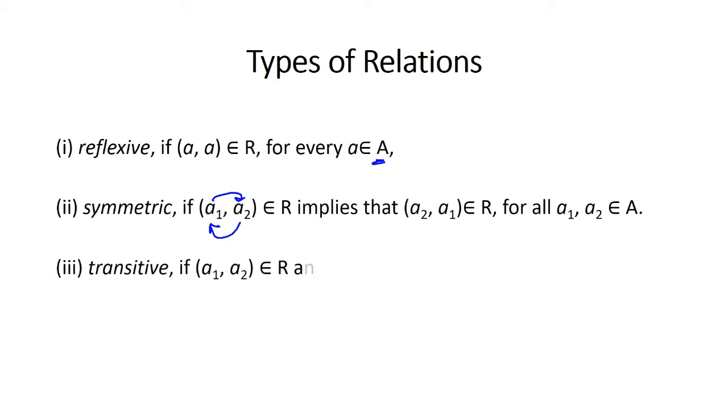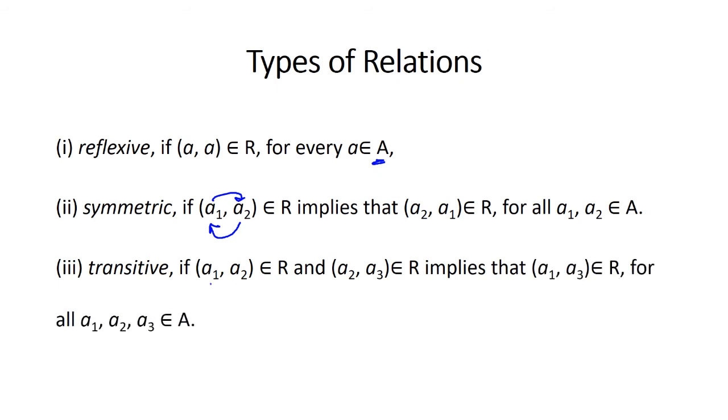If (a1, a2) belongs to R and (a2, a3) belongs to R, it implies that (a1, a3) has to belong to R, means if first is related to second and second is related to third, then first element has to be related to third, and it has to be for all the elements a1, a2, a3 which belong to the given set. So this was all about 3 types of relations: reflexive, symmetric, transitive.